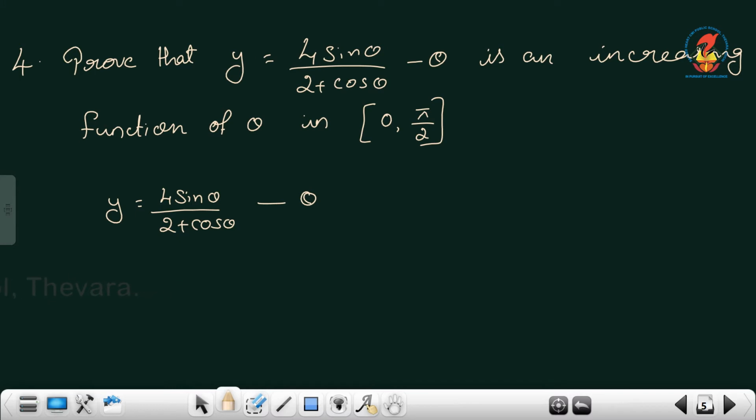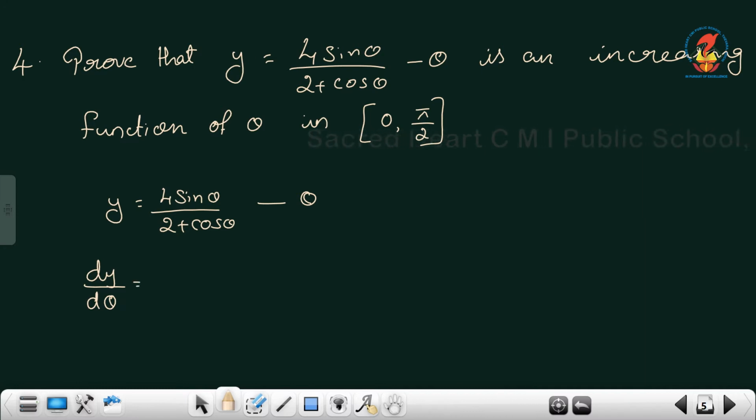First step, we have to find dy by d theta. So differentiate y with respect to theta.